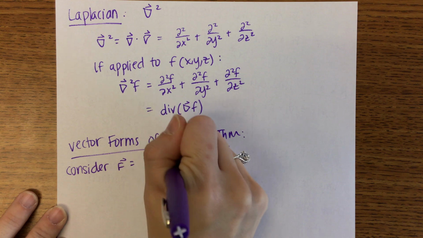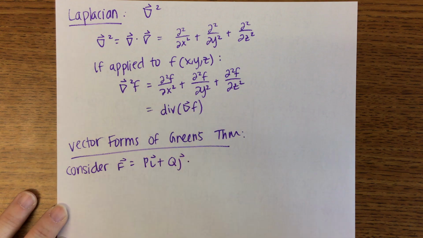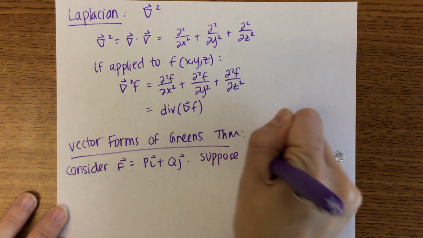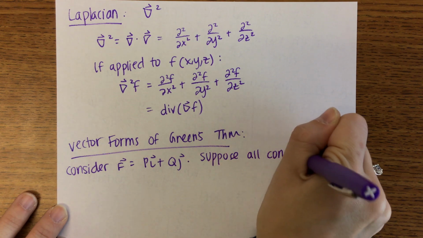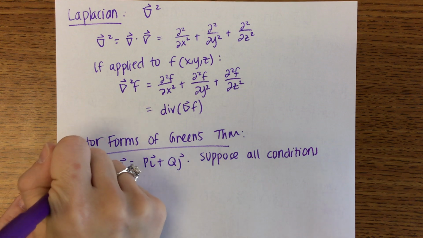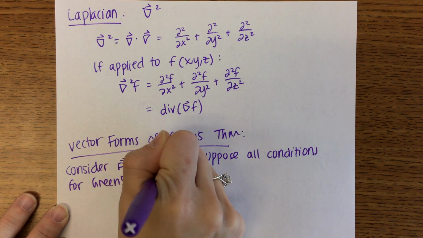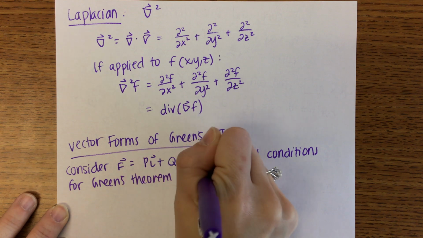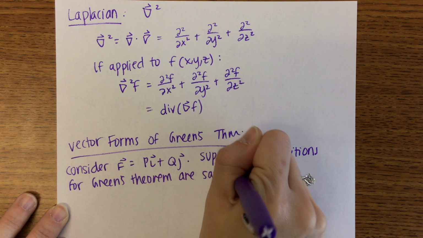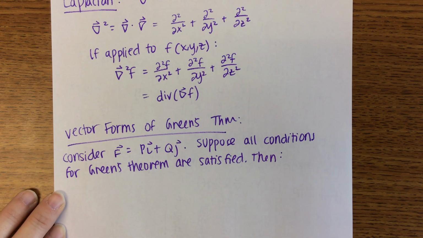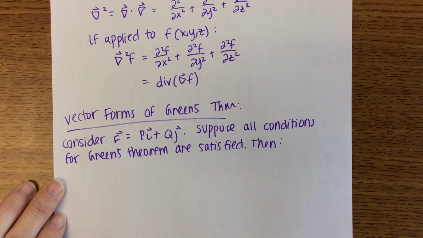Let's say that it's Pi + Qj, remembering that P and Q are functions and not constants. Let us suppose that all conditions for Green's theorem are satisfied. Then we saw the following.